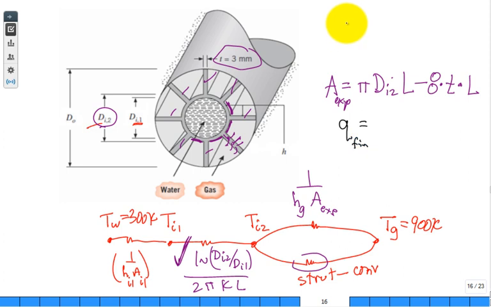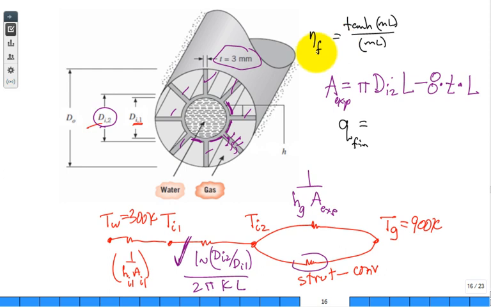Remember this equation, the hyperbolic tangent of mL divided by mL, where m is the fin parameter and L is the length. It's for an insulated tip. What was that equal to? That's equal to the fin efficiency.